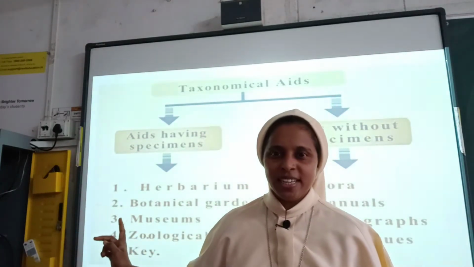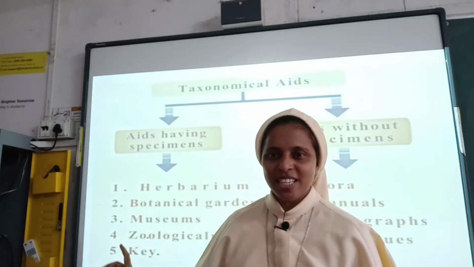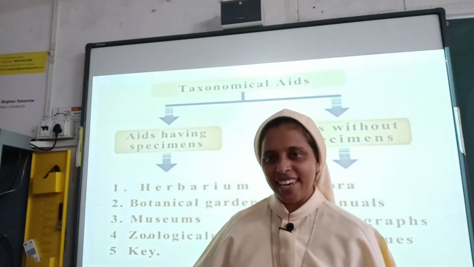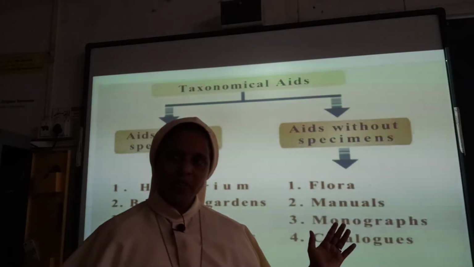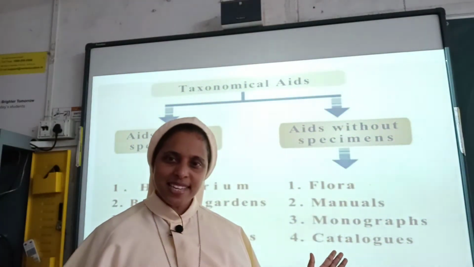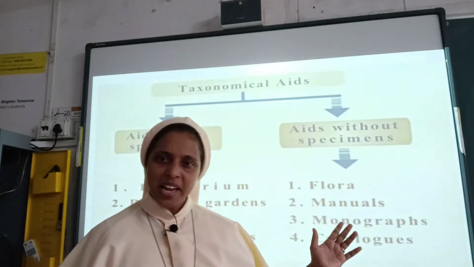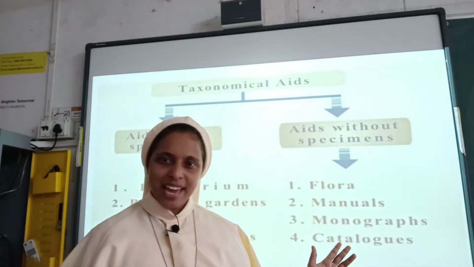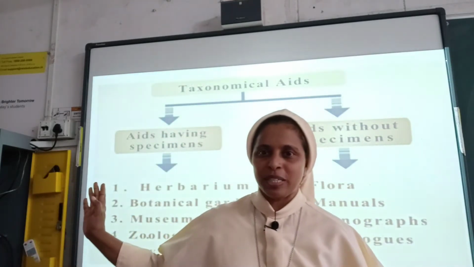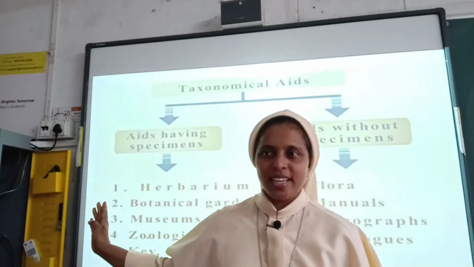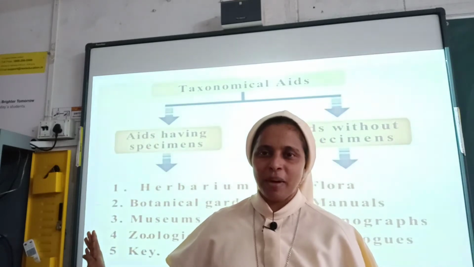Herbarium, botanical gardens, museums, zoological parks and key. And aids without specimens are flora, manuals, monographs and catalogues.